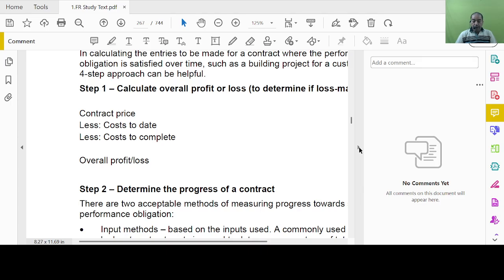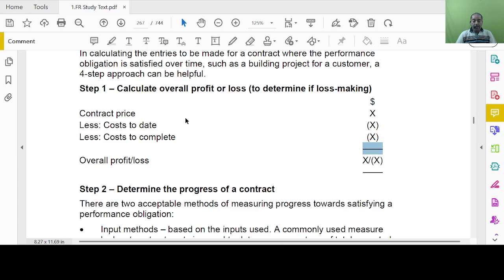So first I will take the total contract price, minus the cost to date, that is whatever cost has been incurred up till date, and again from that less the cost to complete. Now the cost to complete will be the estimated cost till the completion of the contract.